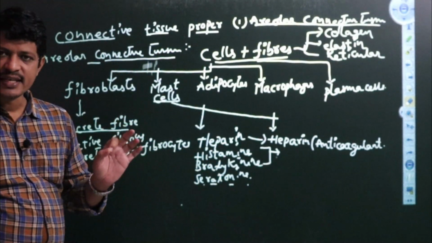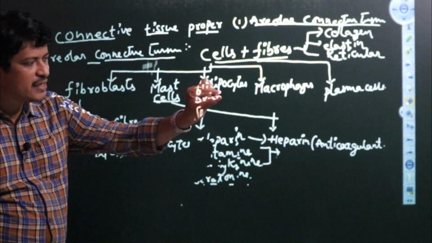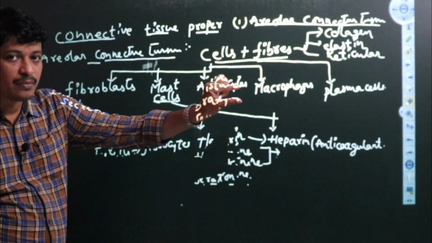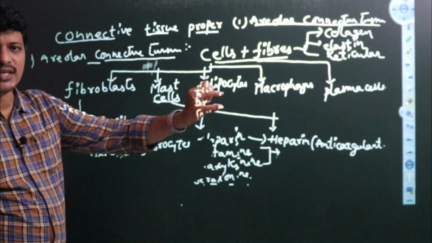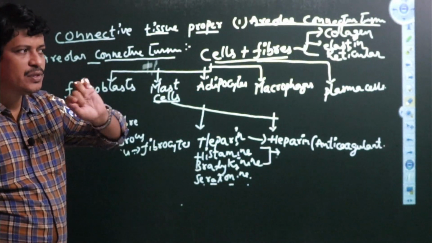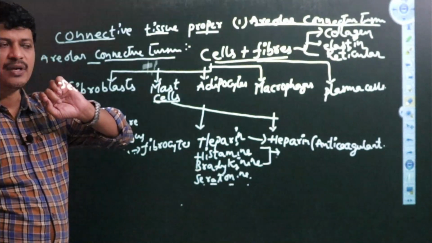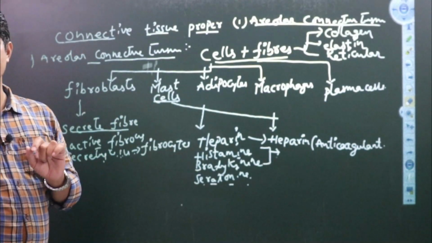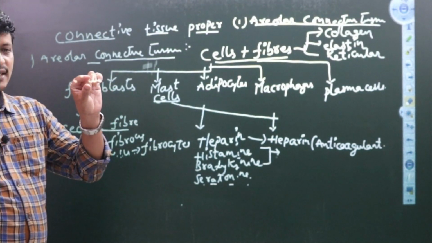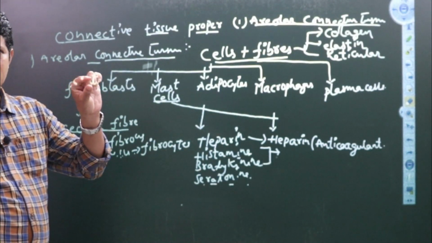Histamine and bradykinin increase the volume of the blood vessels, which allows more blood through it. So the people who suffer with high BP conditions, in those conditions the heart doesn't receive the blood sufficiently.